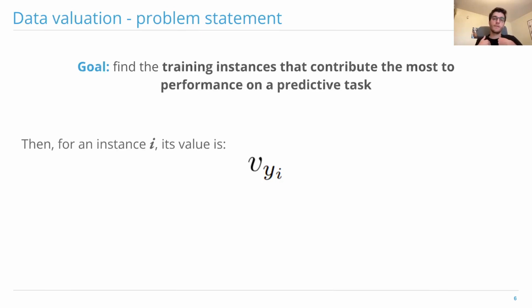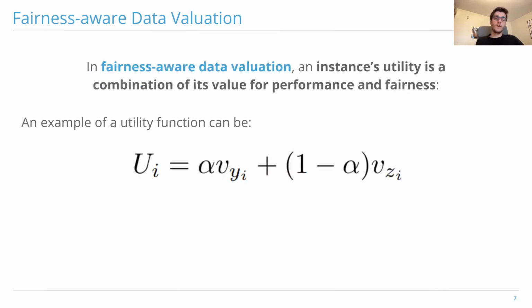And what we do in our framework, fairness-aware data valuation, is extend this notion of value to a broader notion of utility, which joins two terms of value. One value of performance, V_Y,i, and a value towards fairness.